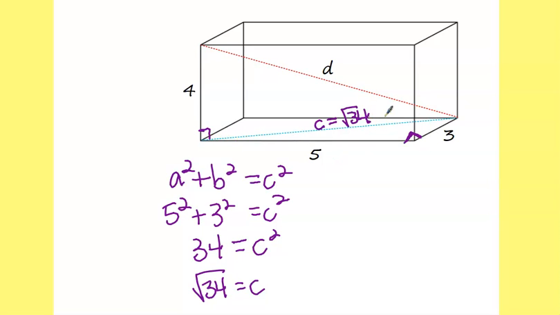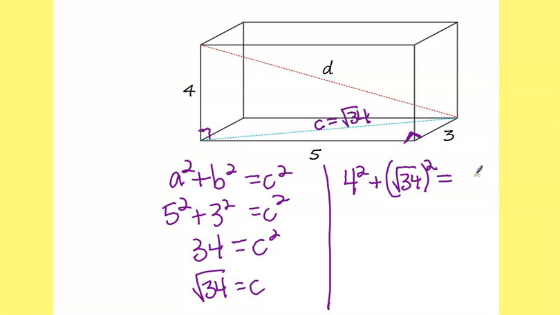That is now one of the legs of this right triangle here. So now I do the Pythagorean theorem again with the 4 and the square root of 34. So I'm going to do 4 squared plus the square root of 34 squared. That will equal my diagonal distance squared. So 4 squared is 16.